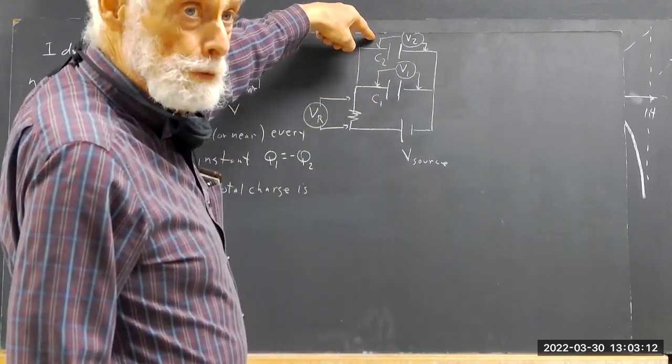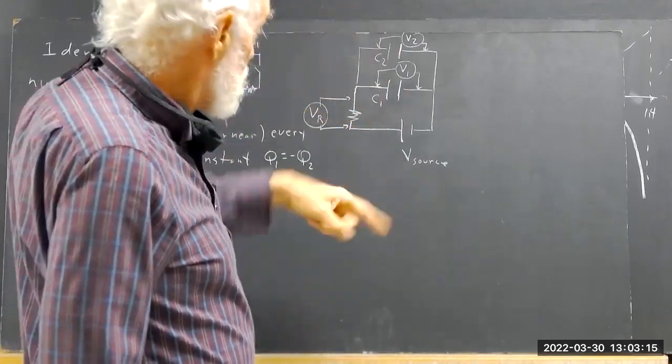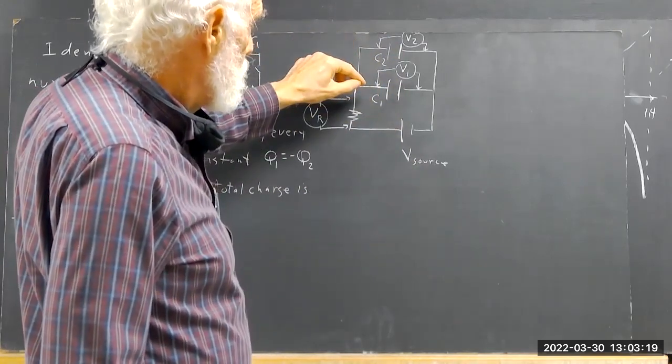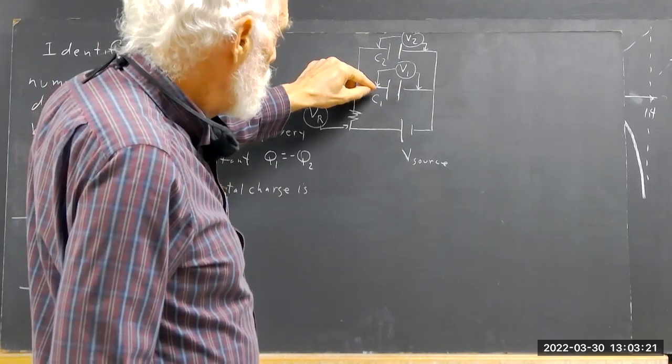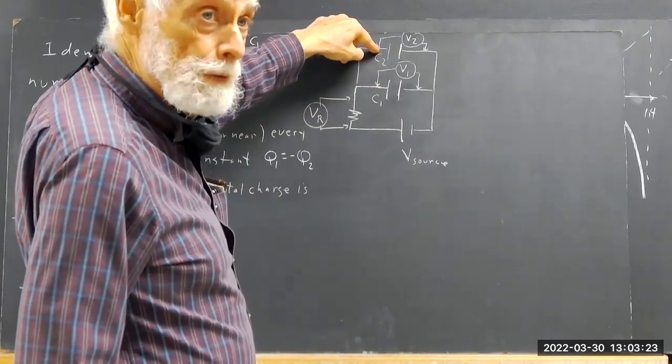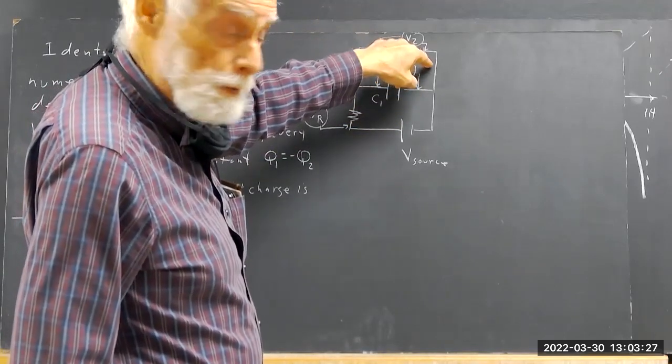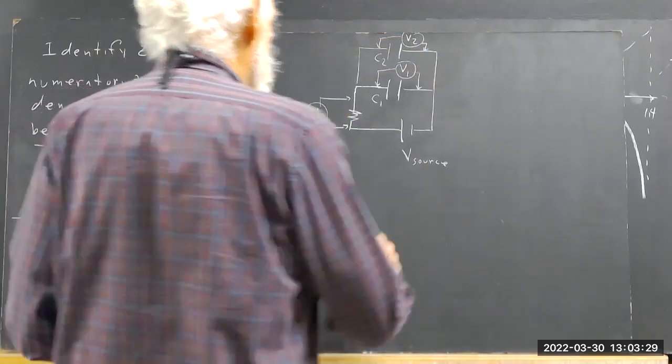V1 is equal to V2 because there's nothing but ideal wire between here and here. And there's nothing but ideal wire between here and here.